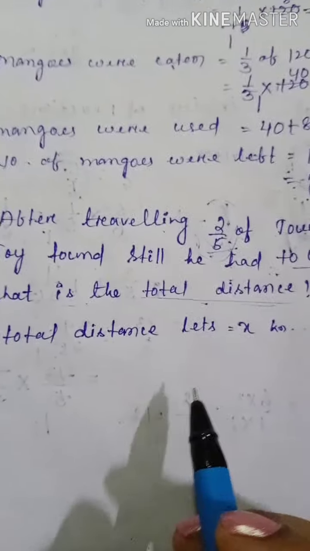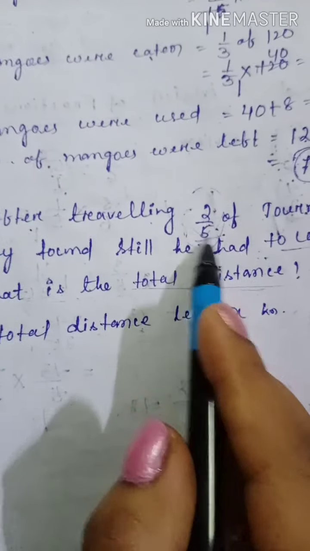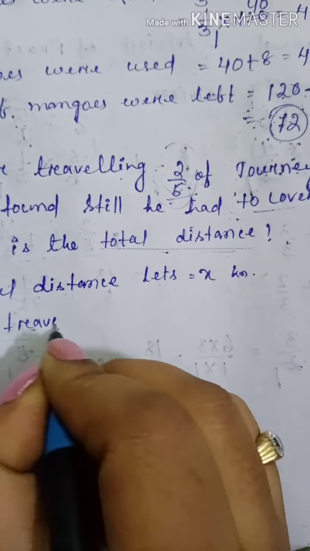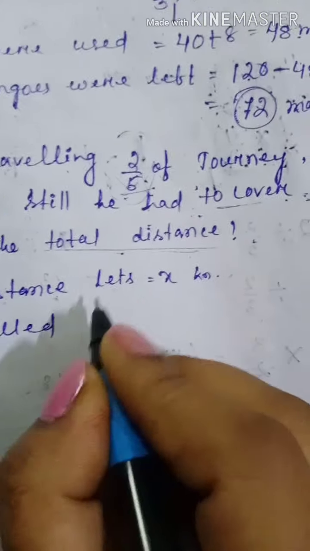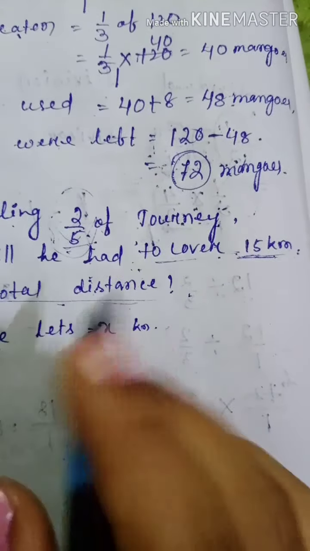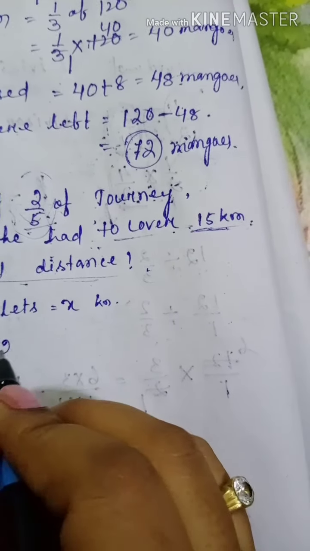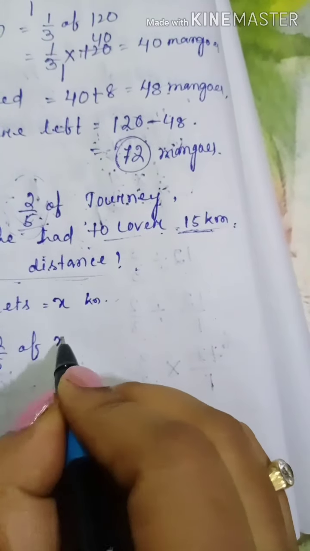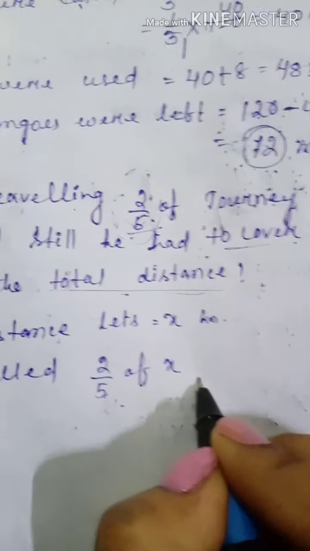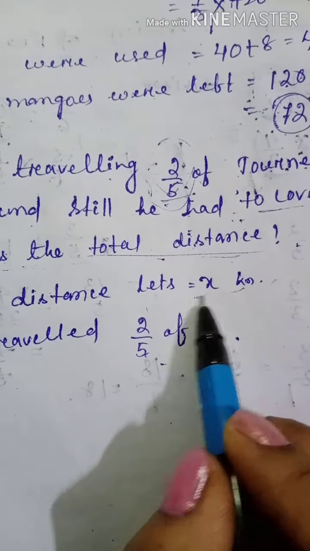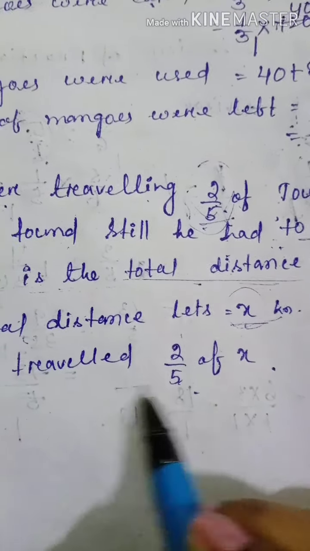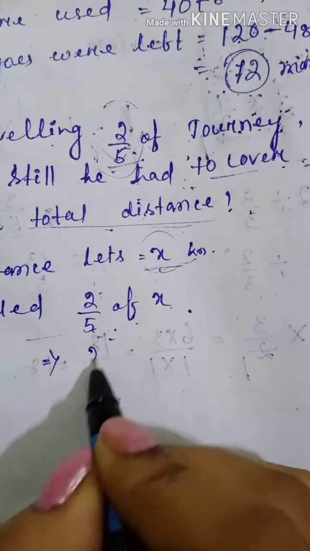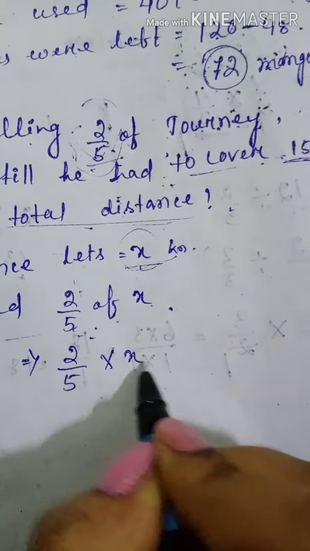So see, after traveling 2 by 5, how much journey did he travel? That is 2 by 5 of his total distance, that is x, 2 by 5 of x. Again I am telling, total distance is x, from x he has traveled 2 by 5 of x, that is 2 by 5 into x.